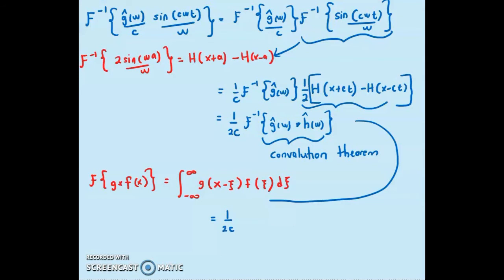By the convolution theorem, I have the integral from minus infinity to infinity, my g here will be g of x minus psi, and then everything inside here, my x will become psi, so I have h of psi plus ct minus h of psi minus ct, d psi.